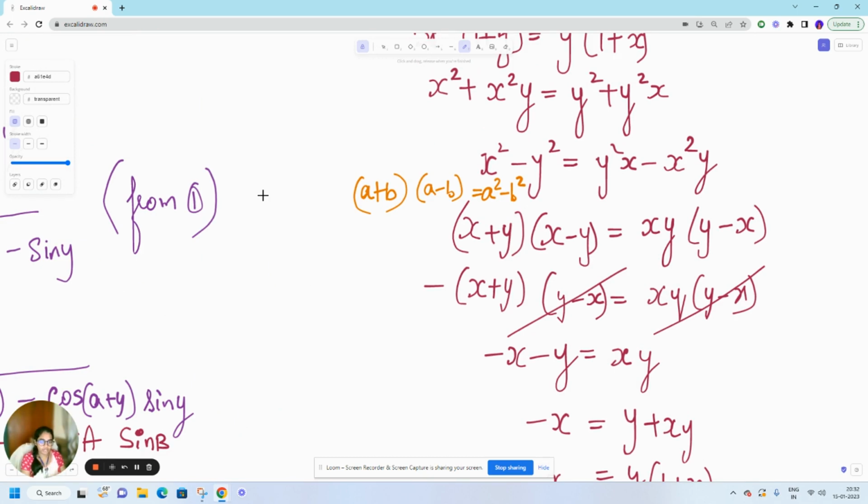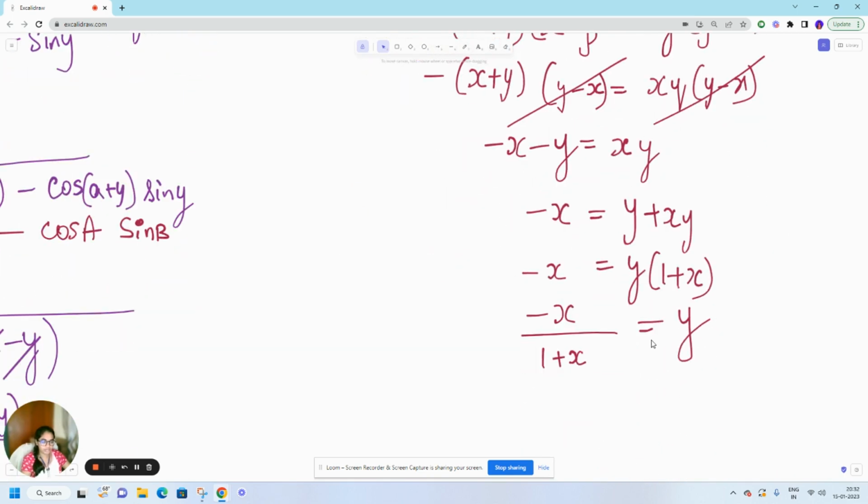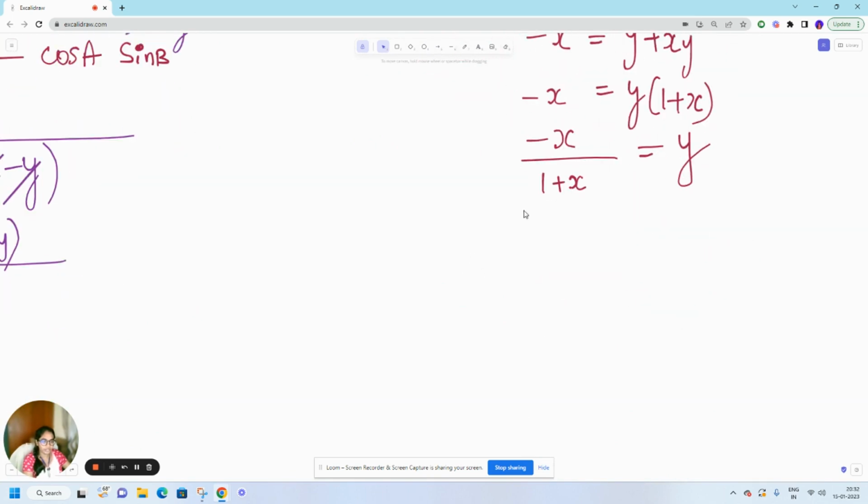We wrote it in the form of a plus b into a minus b here. Then, after some very basic simplifications, we arrived at y is equal to minus x divided by 1 plus x. Okay, what is the next step?